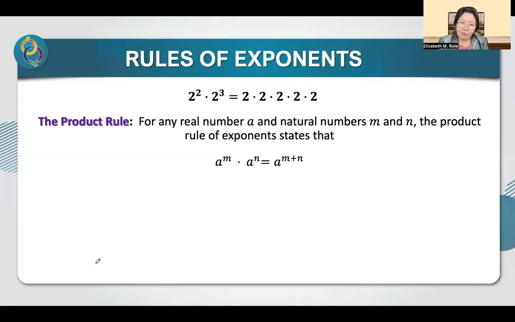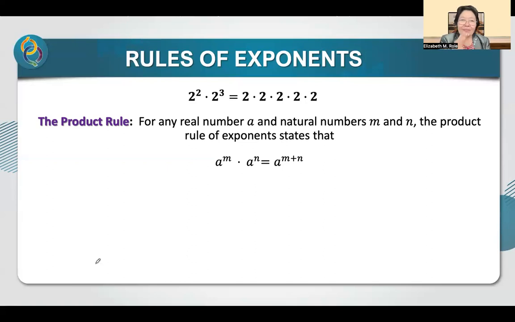According to the product rule, for any real number a and natural numbers m and n, the counting numbers, the product rule of exponents states that if you have the same base raised to powers m and n, the product is just the common base raised to the sum of the two exponents. So you don't need to multiply.